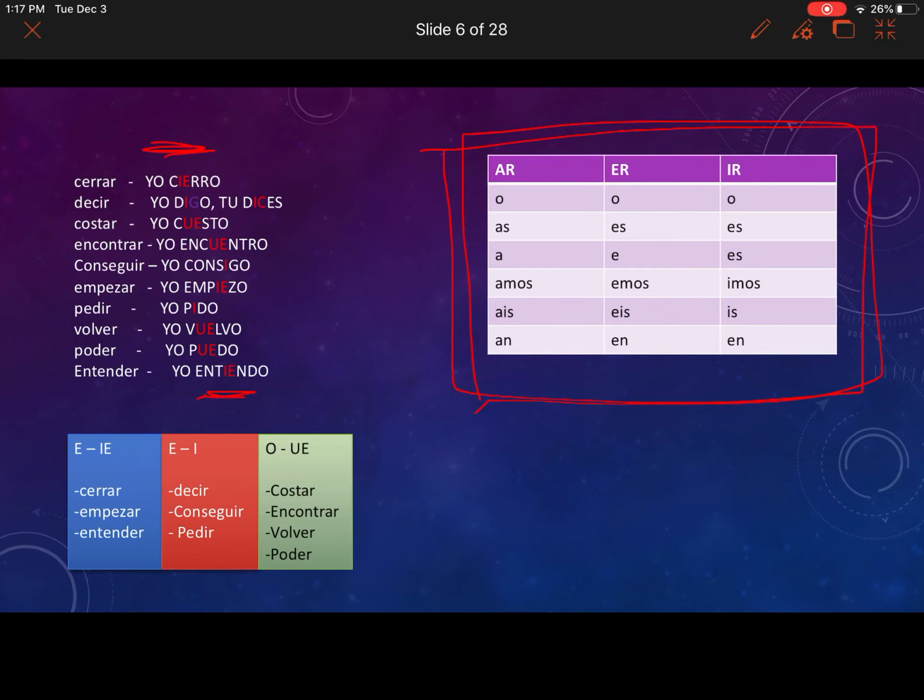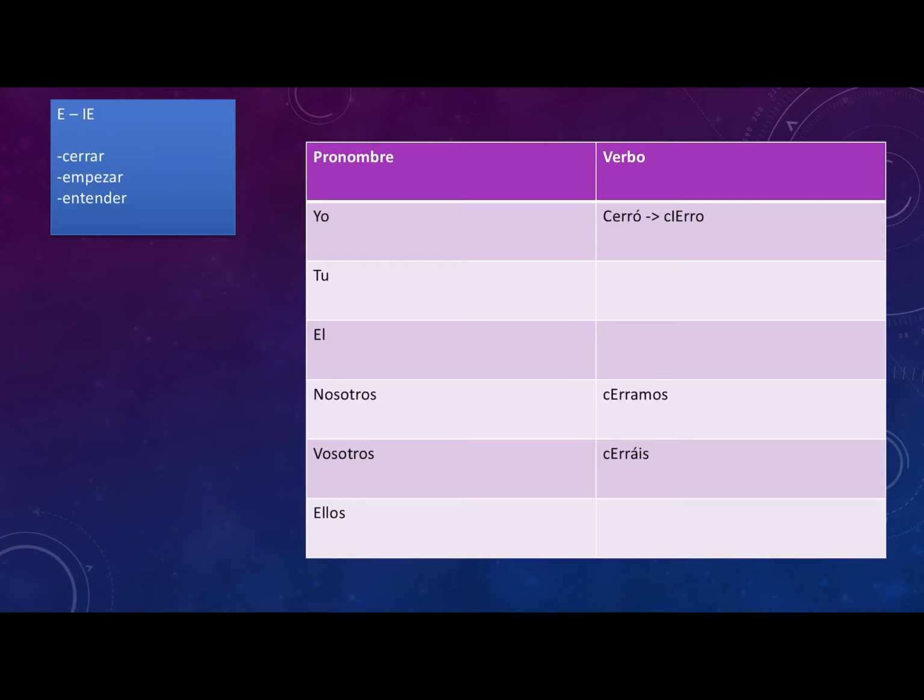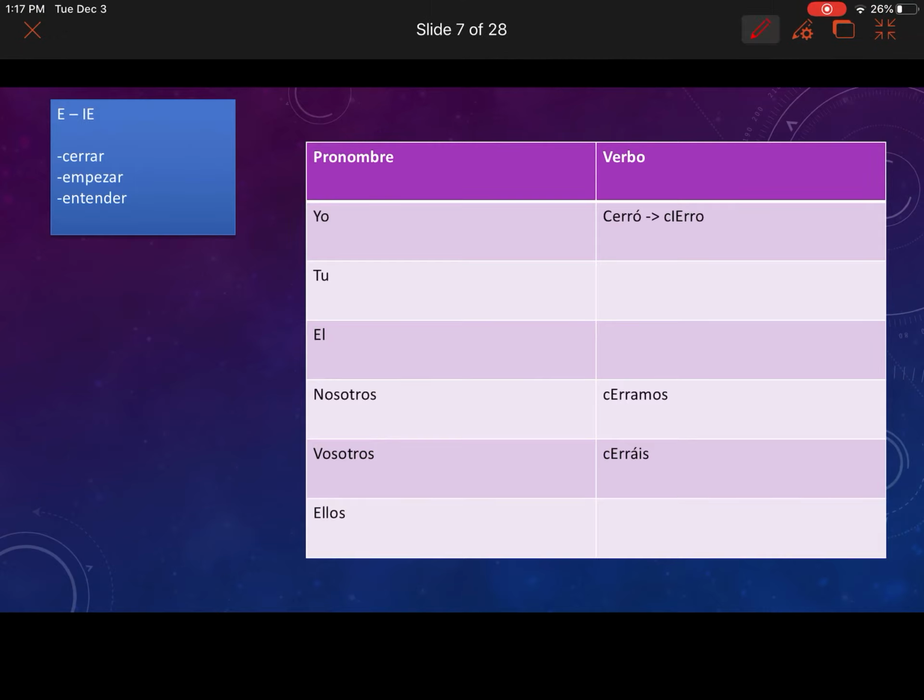So let's try to do an E to IE change. All this means is that in a verb, we will change the E to an IE. So in the case of yo, it's not yo cerro, it's yo cierro, because we're doing the stem change.